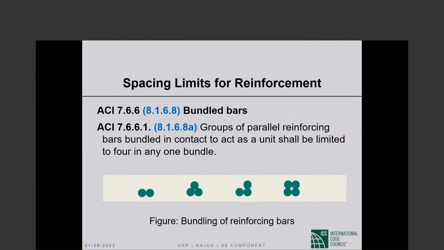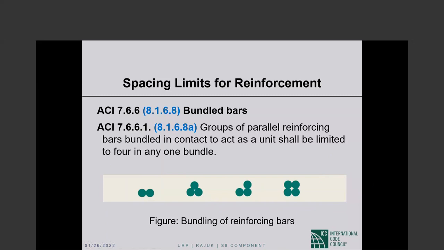Bundle bars: groups of parallel reinforcing bars bundled in contact to act as a unit shall be limited to 4 in any one bundle. So these are the bundle bars that are typically used: 2-bar, 3-bar bundles. A 3-bar bundle can be like this or like that. This is when you have a lot of congestion of reinforcement.